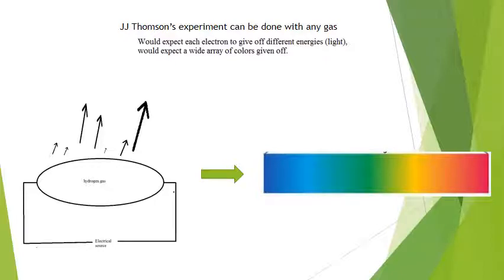Now, J.J. Thomson's experiment can be done with any gas. So when he took his tube and put a gas into it, it gave off light. The original idea was that electrons are just flying around. Say you have your protons here, and electrons flying around. Those electrons could be at any energy, right? Sometimes they could let off a little bit of energy, so that'd be like red. Sometimes they could give off high energy and be like violet.